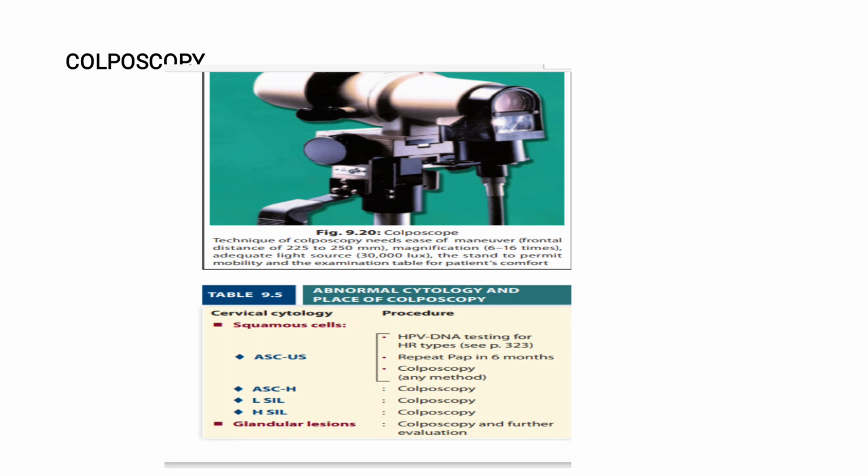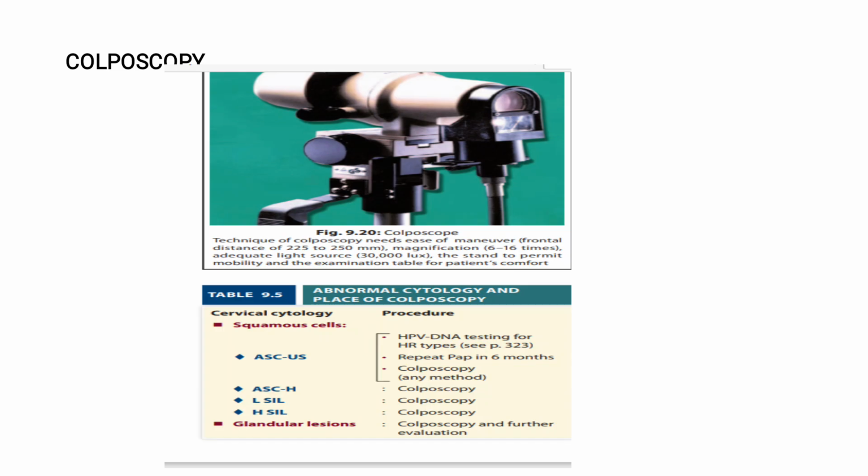Then colposcopy. This is the colposcopy. It is a technique of colposcopy, needs ease of maneuver, that is focal distance of 225 to 250 mm, magnification 6 to 16 times, adequate light source 30,000 lux, and the stand to permit the mobility and the examination table for patient comfort.